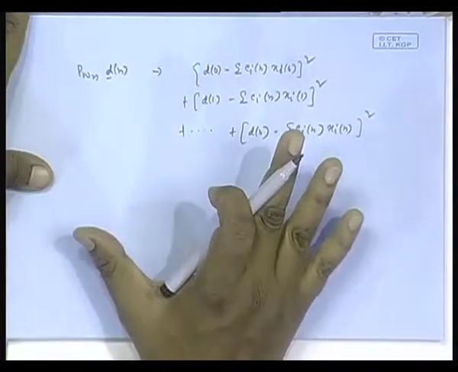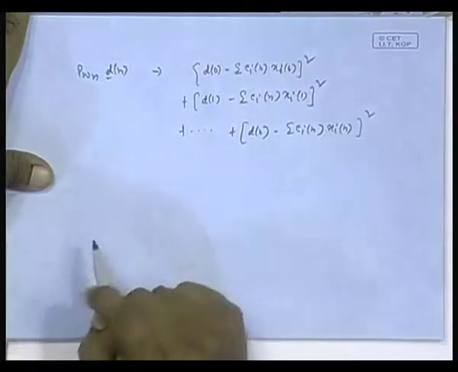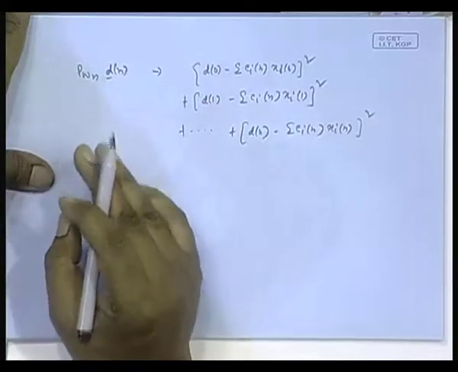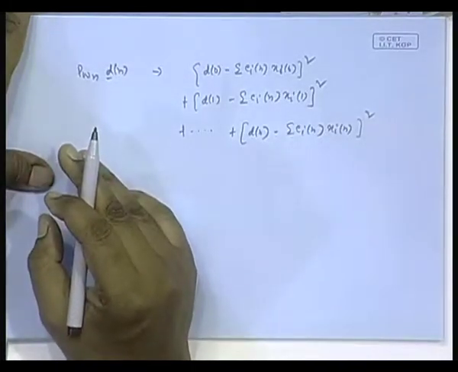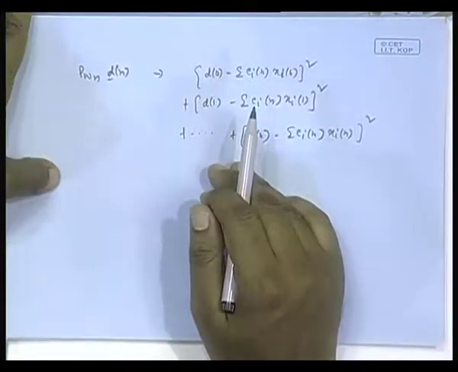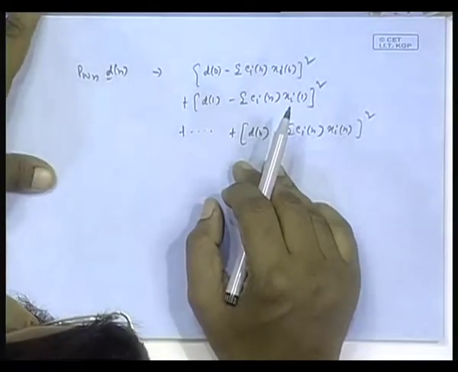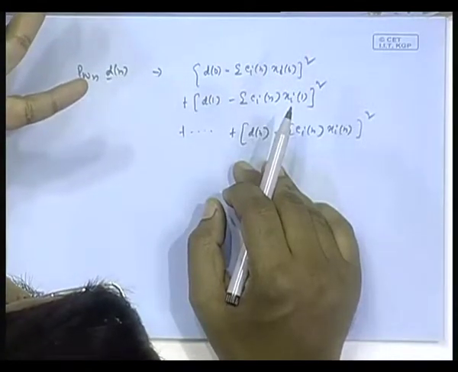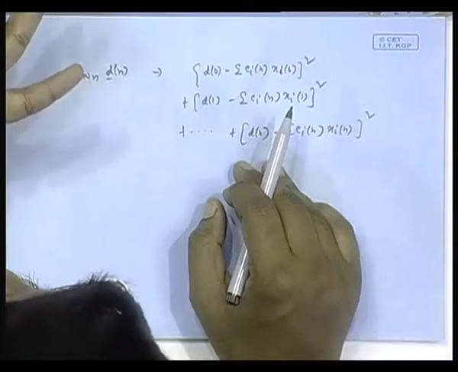This is what you are minimizing. Suppose n is very close to n naught, just n naught plus 1, n naught plus 2, something like that. That time this sum of square will not be a good estimate of epsilon n square, because the statistics itself has changed, isn't it? Statistics has changed.